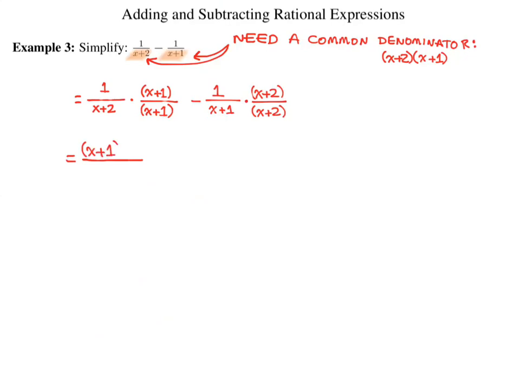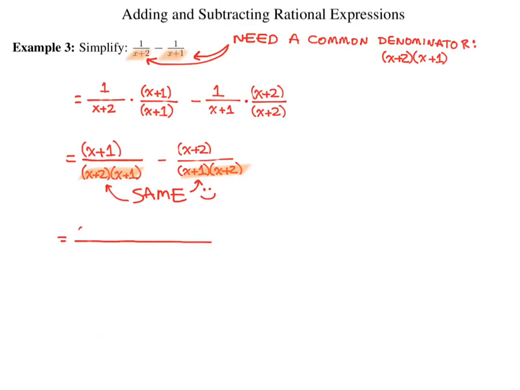So the first term has a numerator of x plus 1 and a denominator of both. And the second term has a numerator of x plus 2 and a denominator of both, although I wrote them in different order, but it's multiplying, it's all the same. Hey, they match! Awesome!